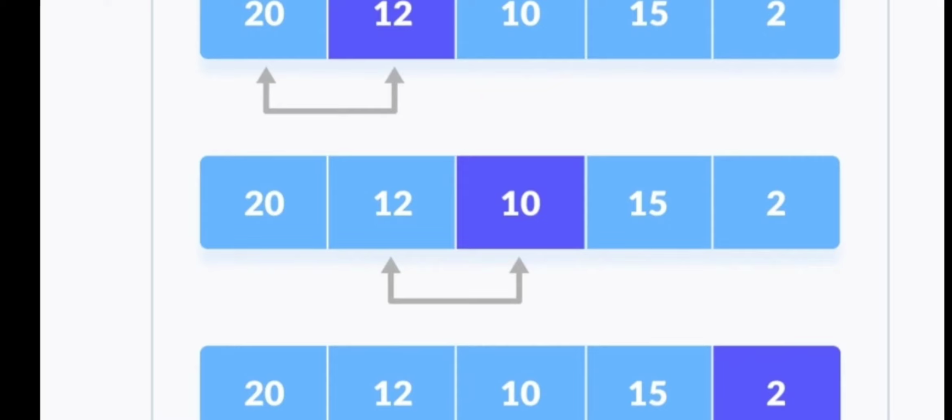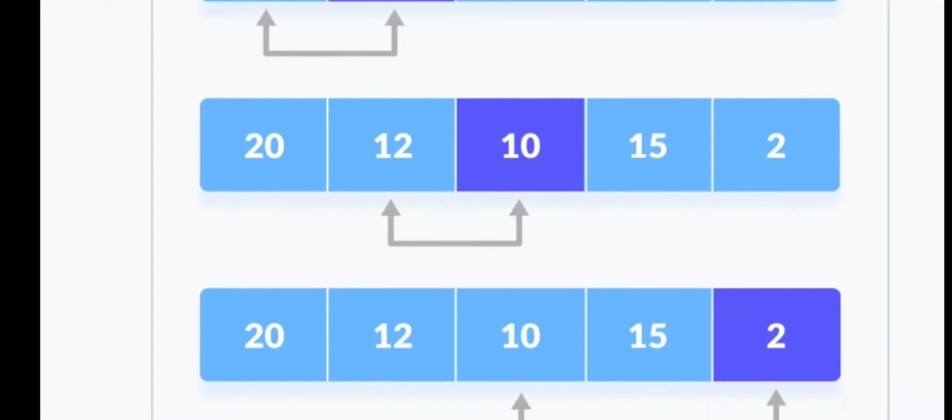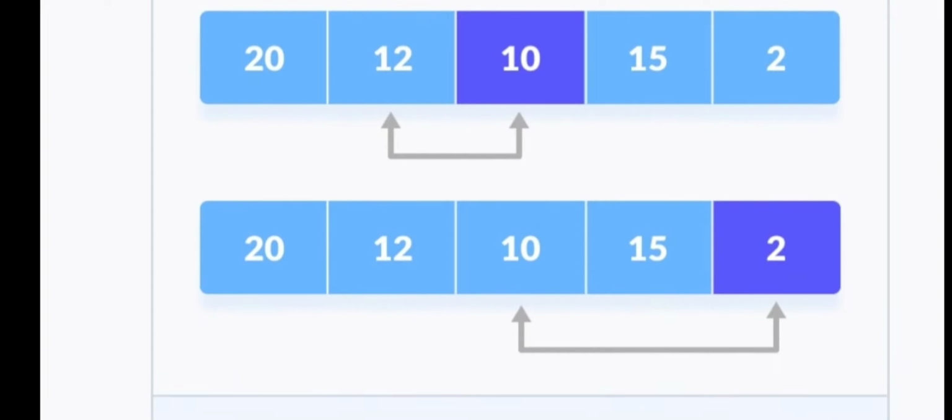Which one is the minimum element? 10 is the minimum element. So we change the minimum element to 10 and again compare 10 and 15. 15 is greater, so there is no need to change, and compare 10 with 2. 2 is the minimum element. So we replace the minimum with 2.